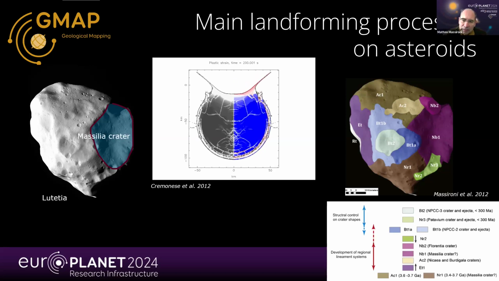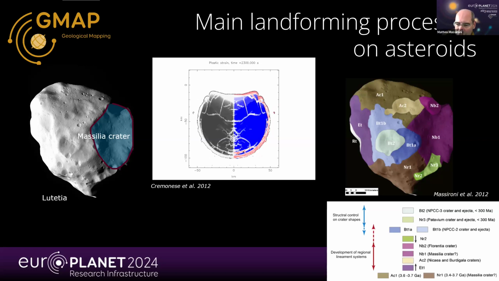And here you see a model of how Massilia crater on the Lutetia asteroid, which is in the asteroid belt, has been hit by a body of 100 kilometers in diameter maximum, or a little bit less, I would say 50 to 100 kilometers, and you see that these are the main processes.